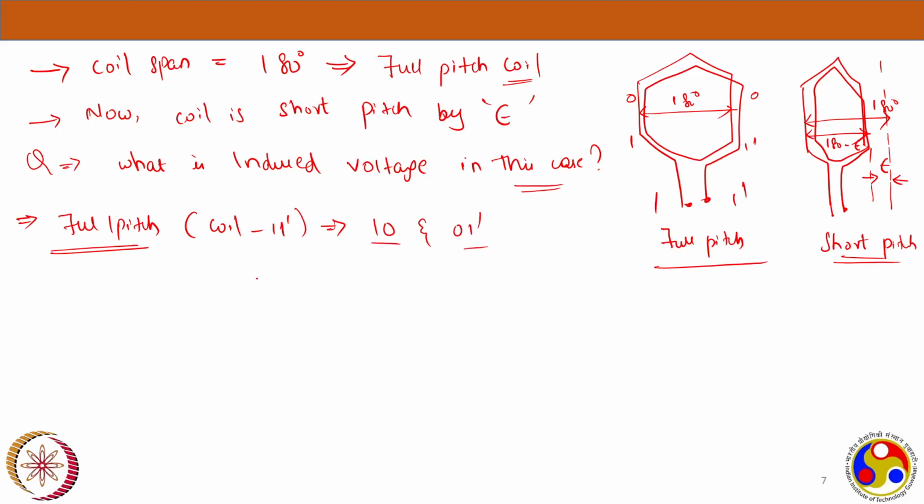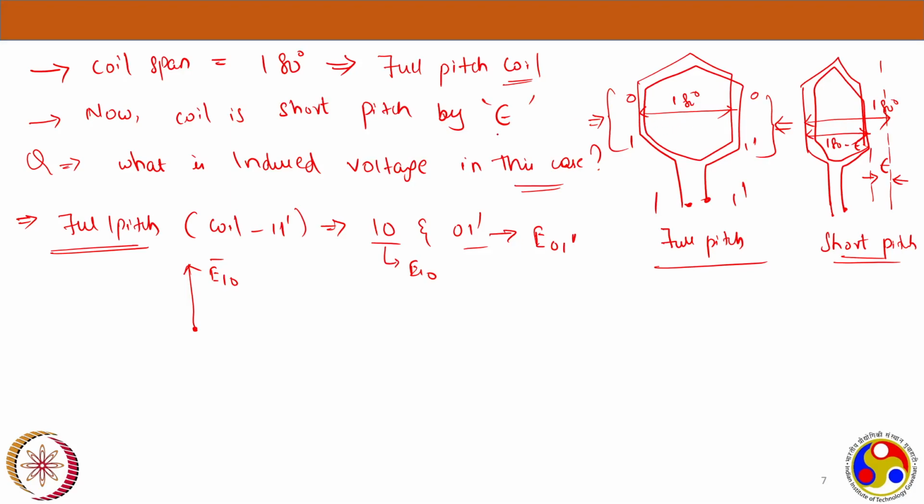Now I have two coil sides, 0 1 and 0 1 dash, and there will be voltage induced in this side and voltage induced in this side. I am calling them E10 and E1 dash 0. Now if I take my phasor E10 on this side, E1 dash 0 would be 180 degrees apart, under opposite polarity.